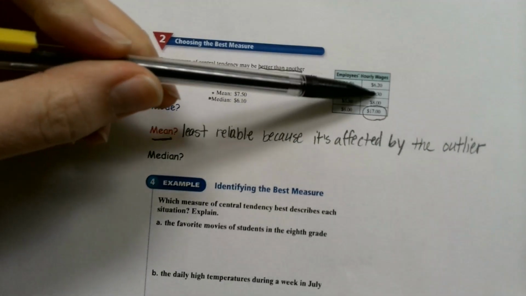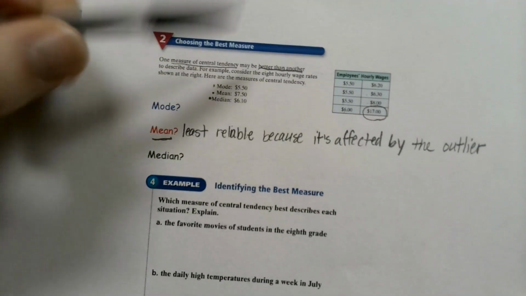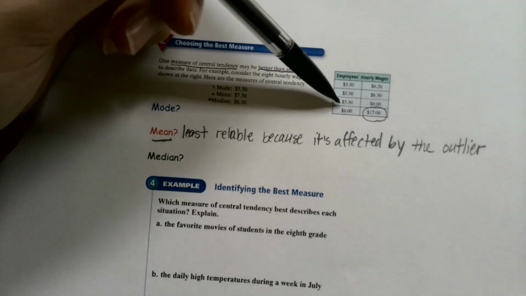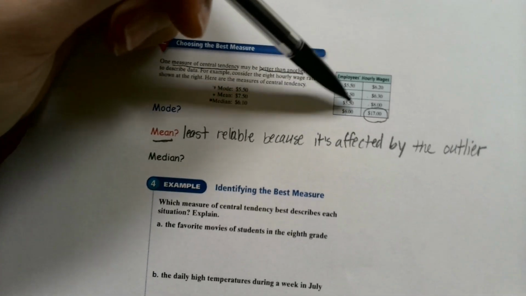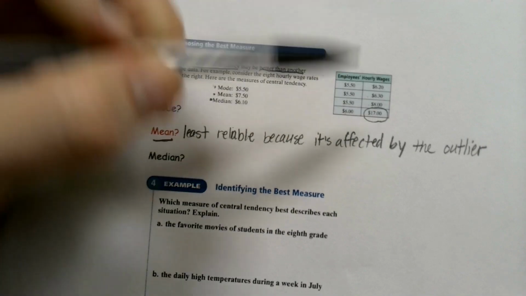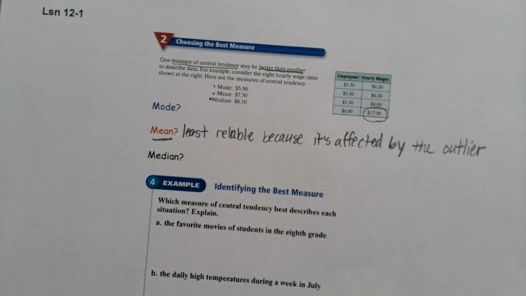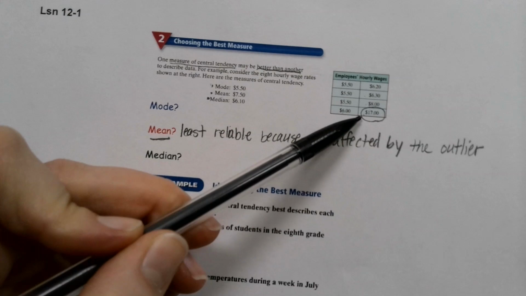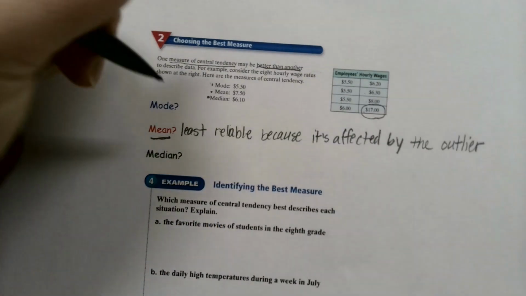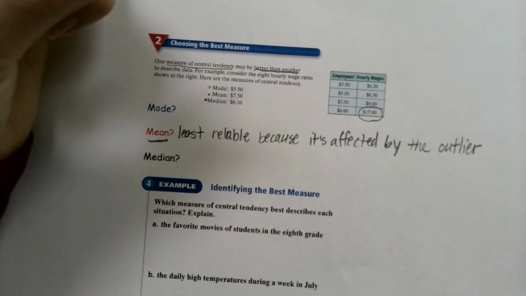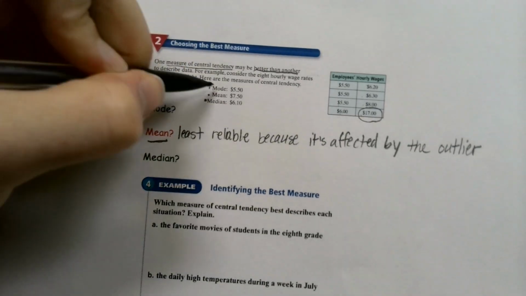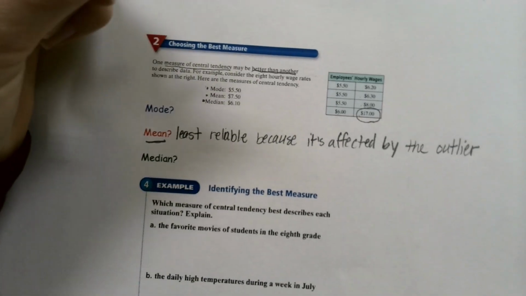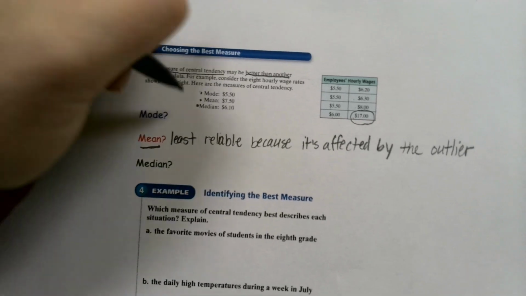When we look at our remaining data, our mode is the smallest number that we have. So it's describing the smaller end of our data, not necessarily taking into account that we have someone getting paid $8 and we also have someone getting paid $17. So in this case, our mode also isn't the greatest measure because it's only describing the low end.